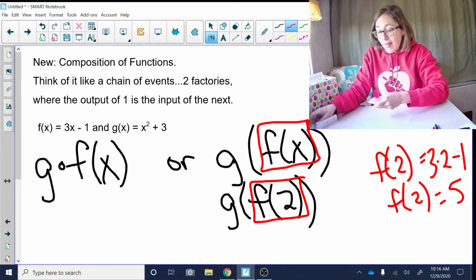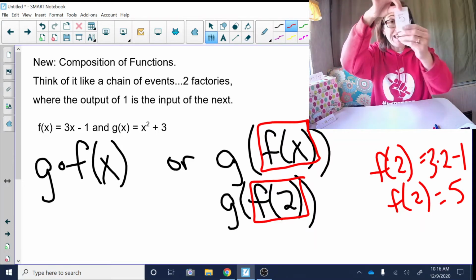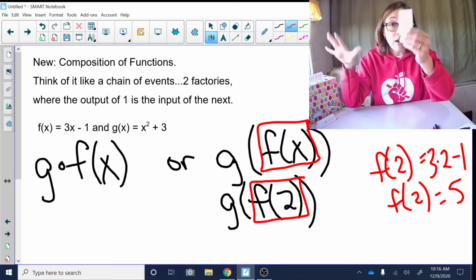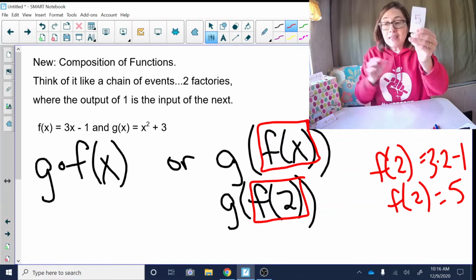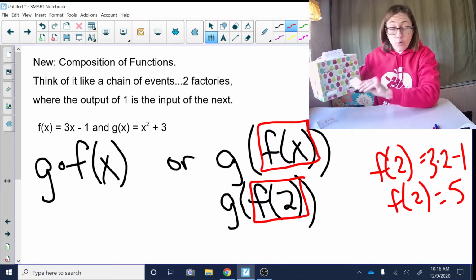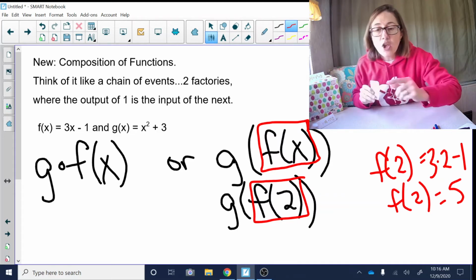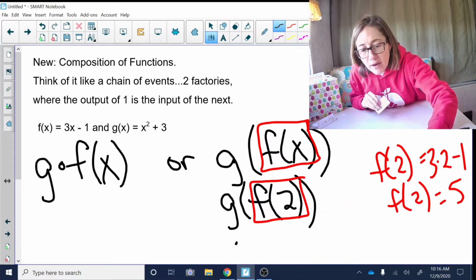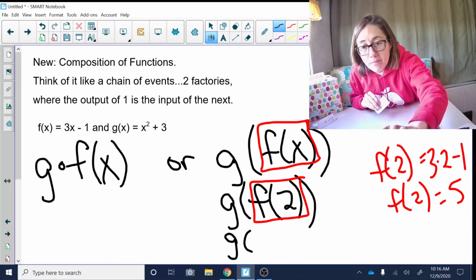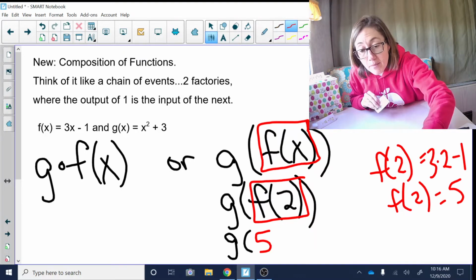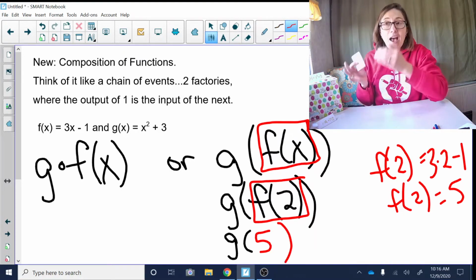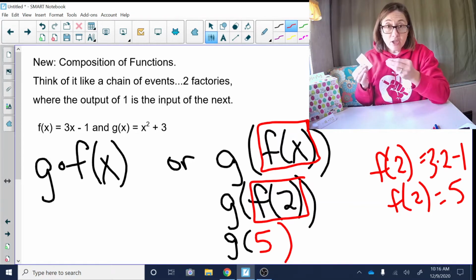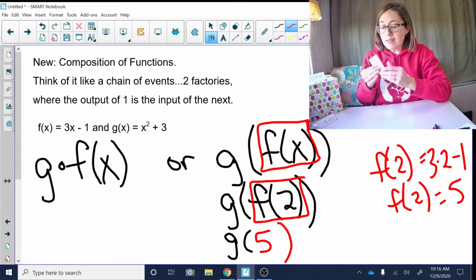If you remember, that was the output that came out of our first function, and that is what then went into our second function, g of x. So now I'm going to find g of 5, because f of 2, the output from the f function when I put a 2 in, was a 5.